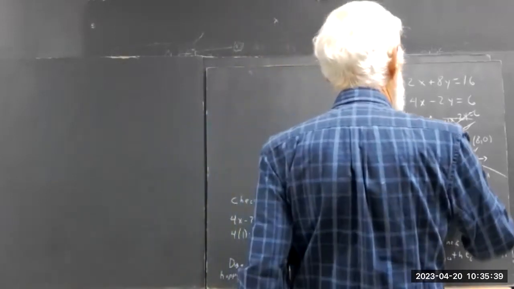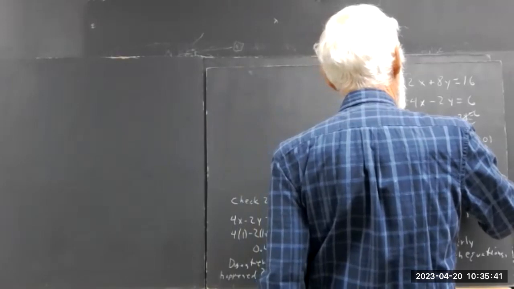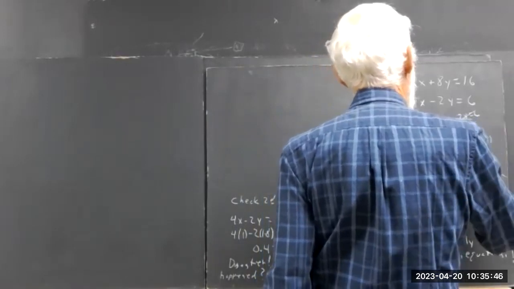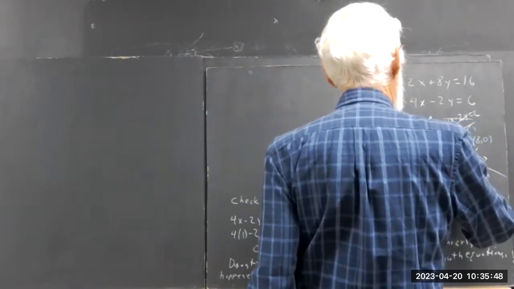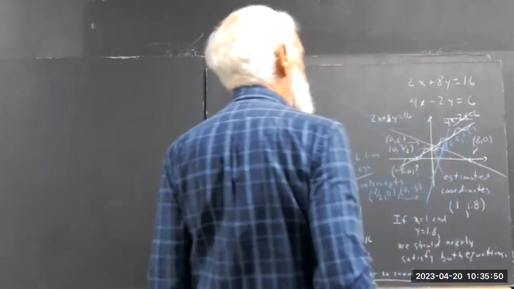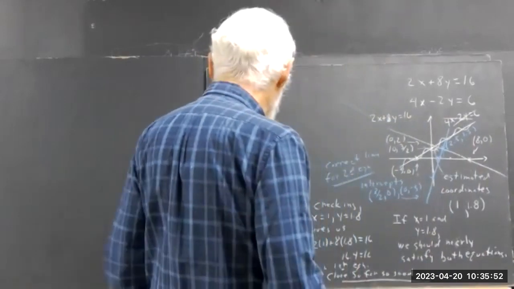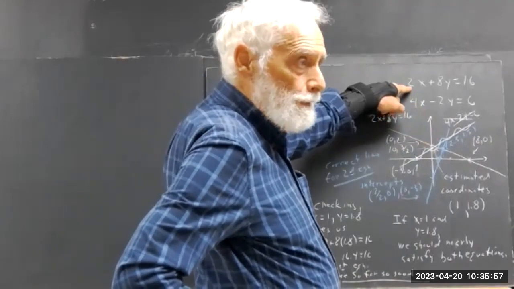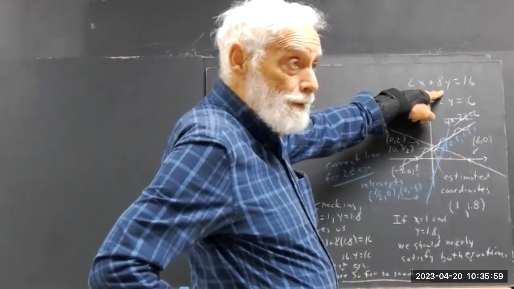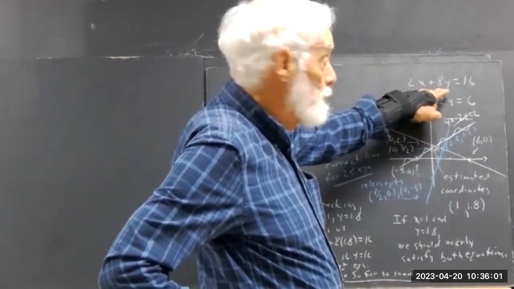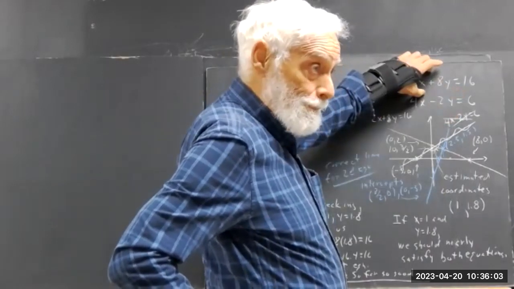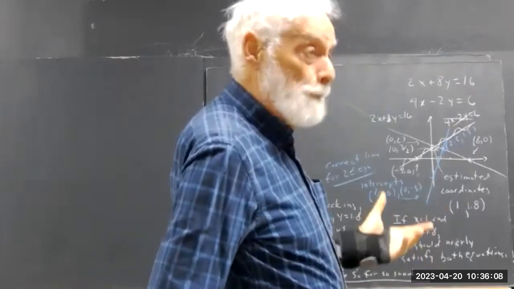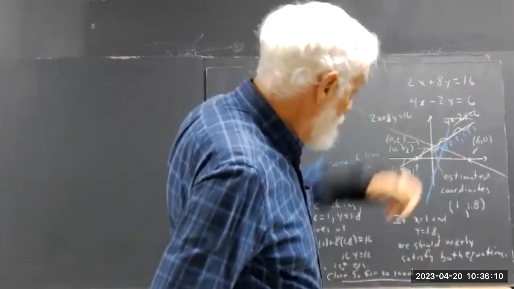So if I make my estimates, 2.5, 1.5, and plug those numbers in, 2.5 times 2 is 5. 1.5 times 8 is 12. I get 5 plus 12 equals 17. That would give me 17 equals 16. That's pretty close. So it means that my estimate isn't bad.